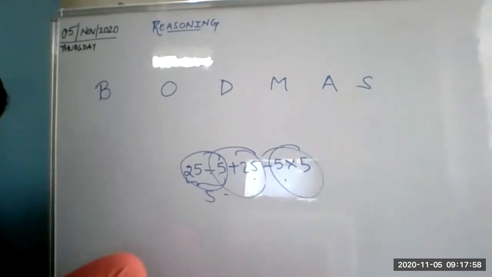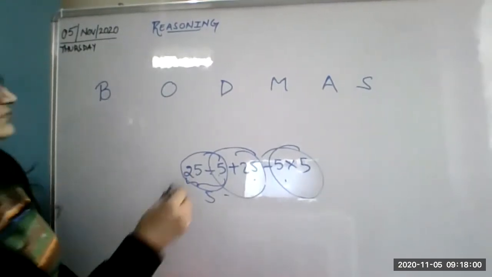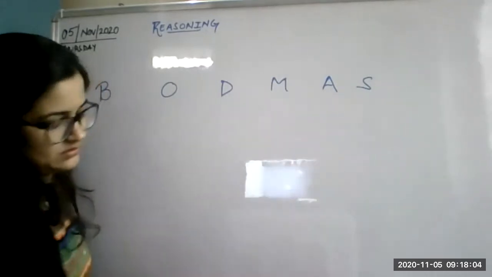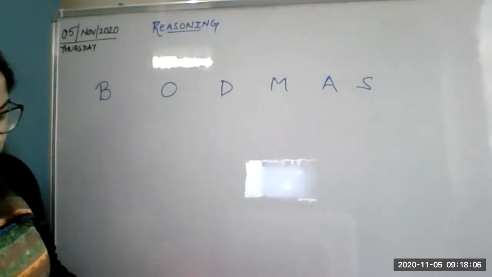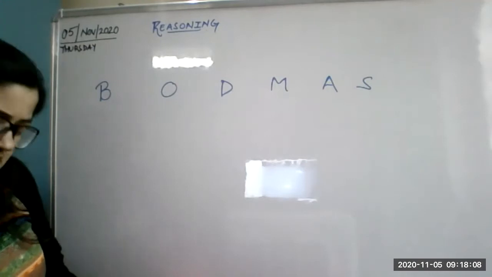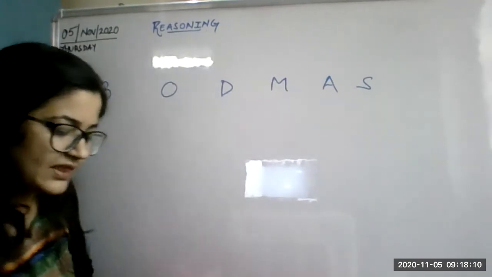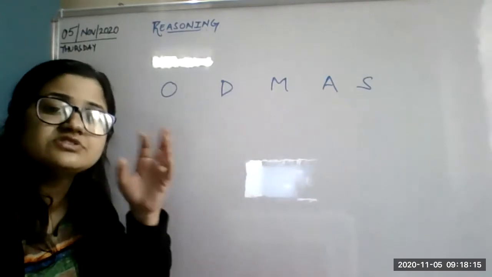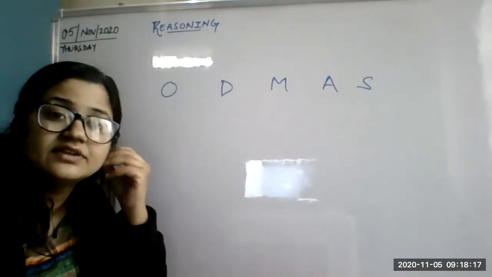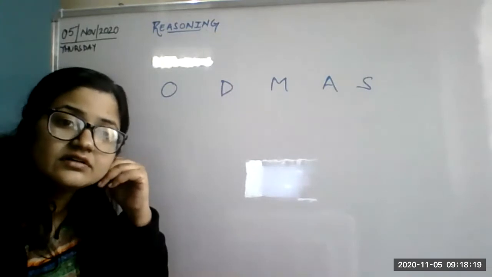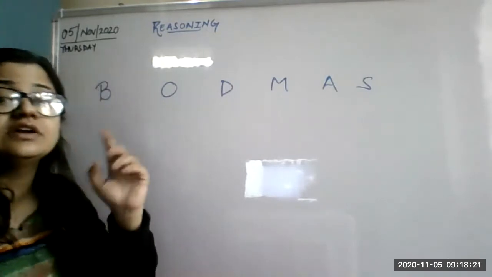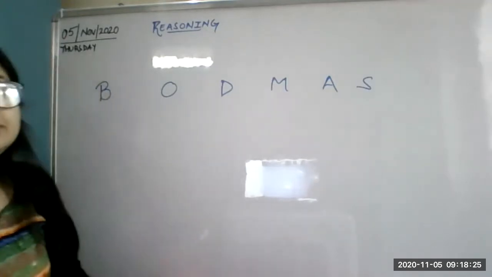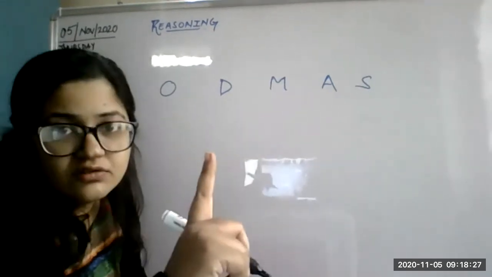Now let me tell you something. That rule says, if you have addition, subtraction, and division together, then what do we solve first of all?